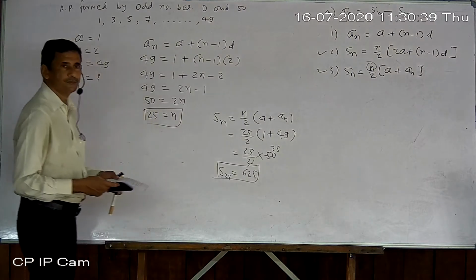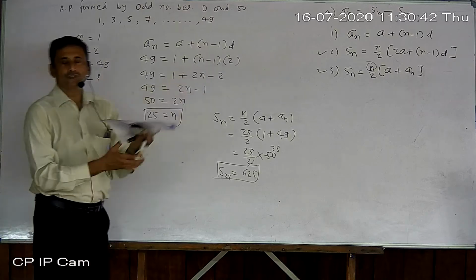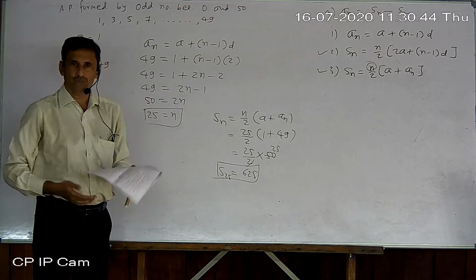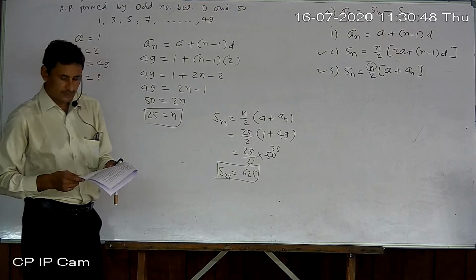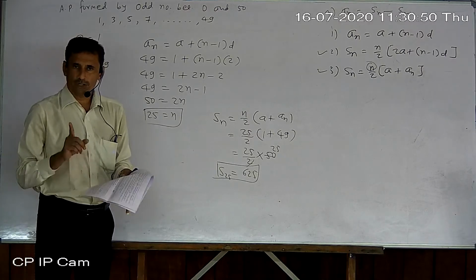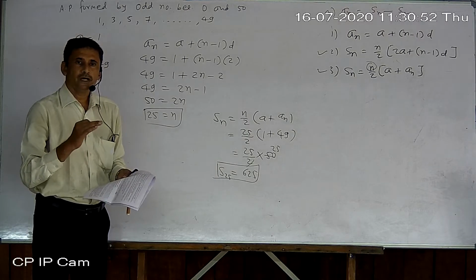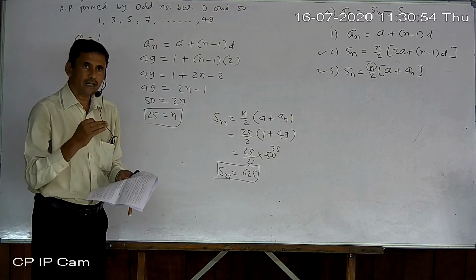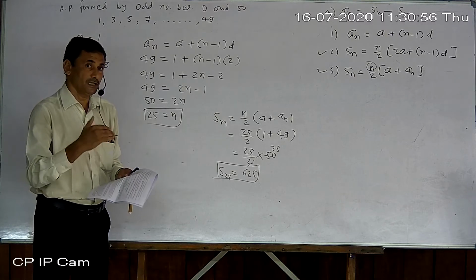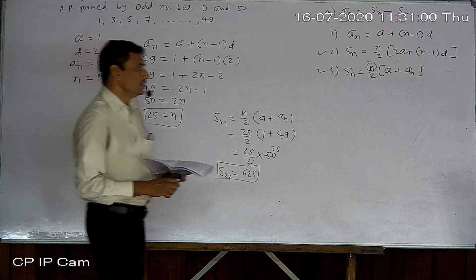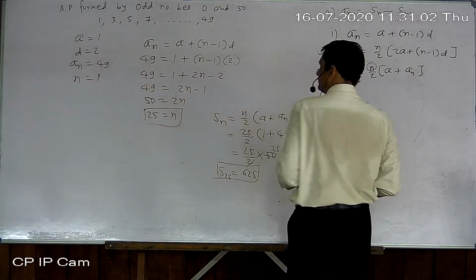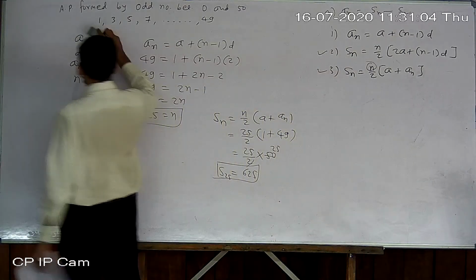Okay? If it is 2 days late, then 250 rupees. If it is 3 days, then it is 300 rupees. So each day the contractor has to pay some amount, and that amount is being increased. So obviously that amount forms an arithmetic progression.